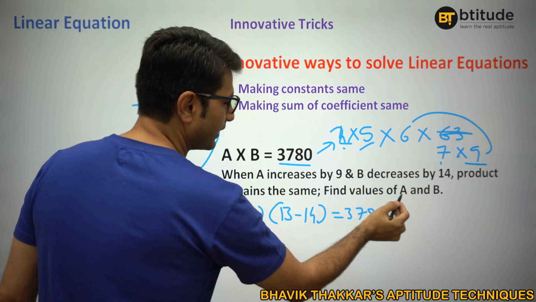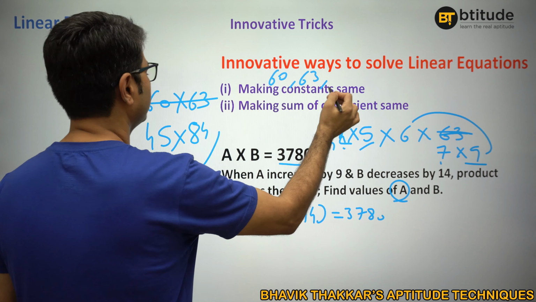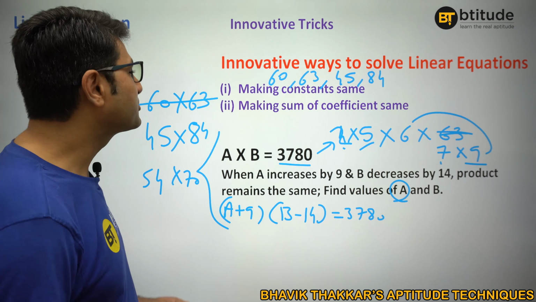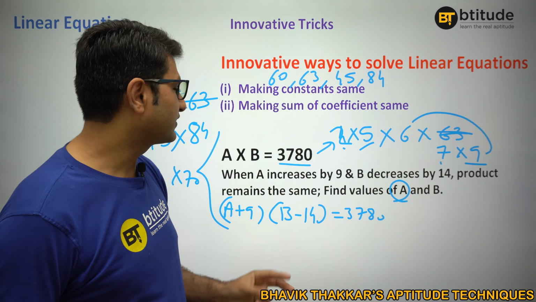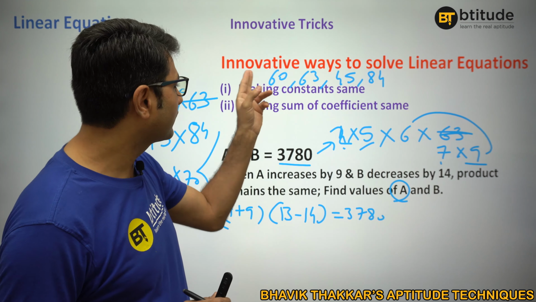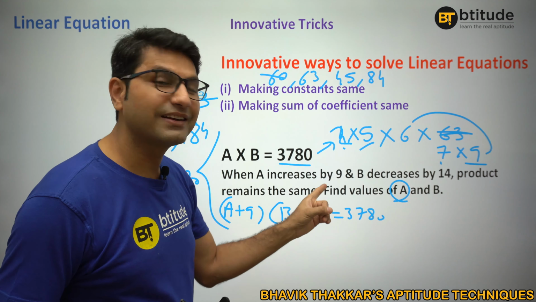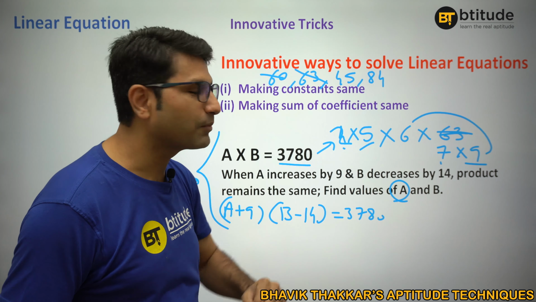For example, they are asking the value of A, and options are say 60, 63, 45 and 84, right? So first you will have to understand, if I take 60, if it is increasing by 9, it will become 69. 69 is not a factor of this. Forget about 60. If I am using 63, and if they are saying it is increasing by 9, it will become 72. 72 is not a factor. Forget about that one.